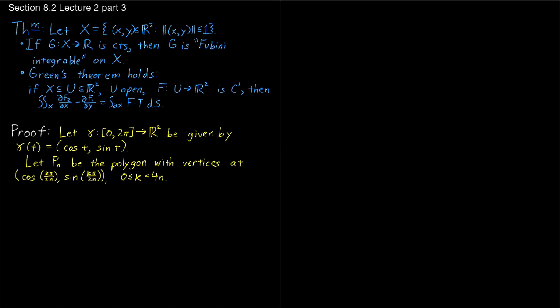which is why I'm stopping there. And our lemmas that we're going to put together to prove our theorem is, first lemma doesn't have anything to do with the polygon at all. The first is that if G is continuous, then the two iterated integrals in the definition of Fubini integrable exist.